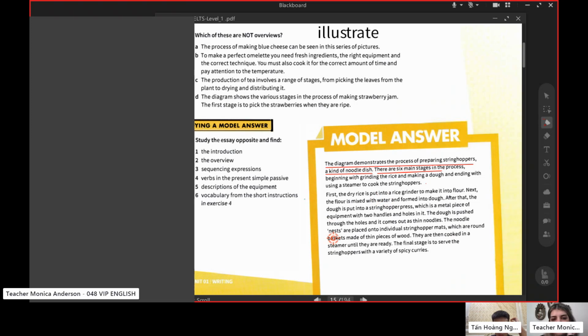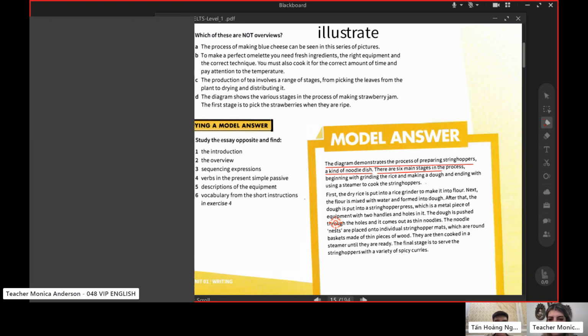First, the dry rice is put into a rice grinder to make it into flour. Next, the flour is mixed with water and formed into dough. After that, the dough is put into a string hopper press, which is a metal piece of equipment with two handles and holes in it.